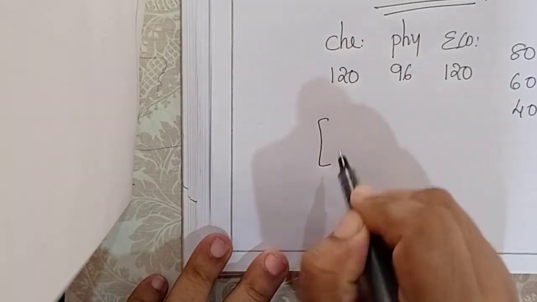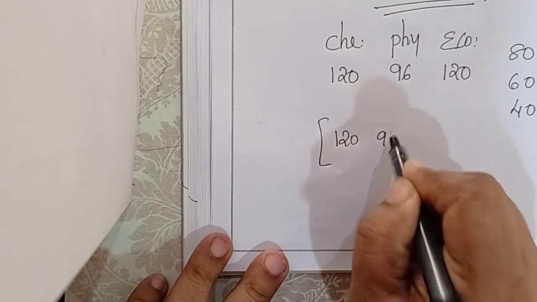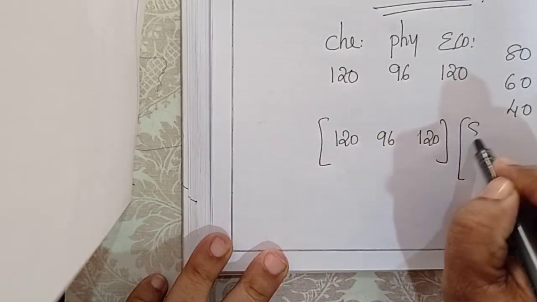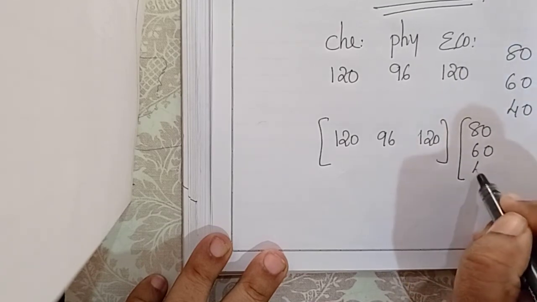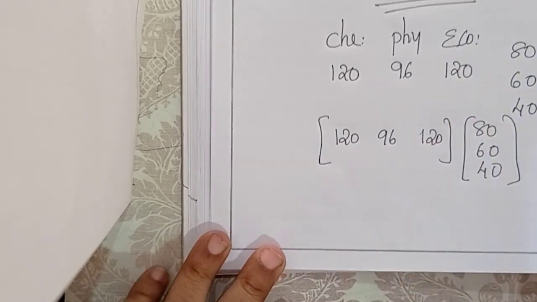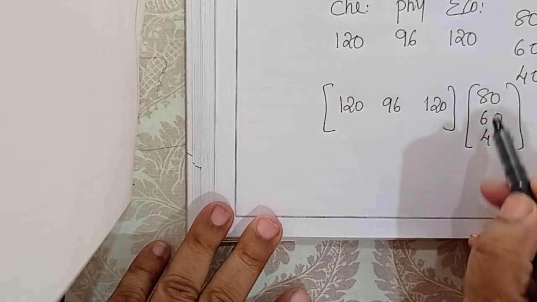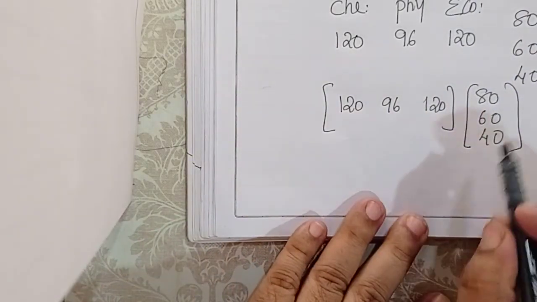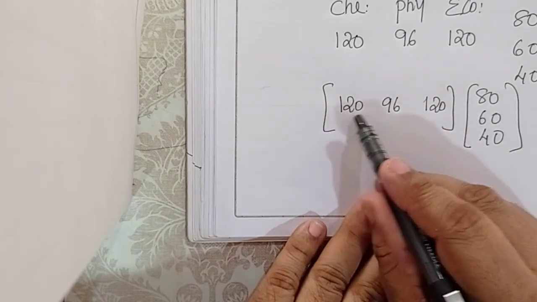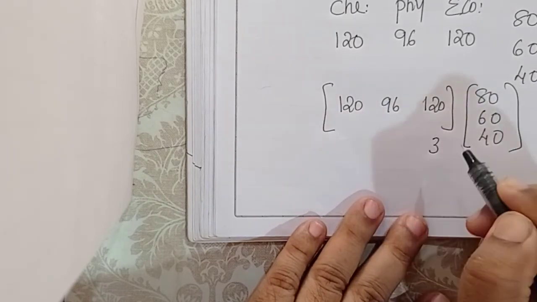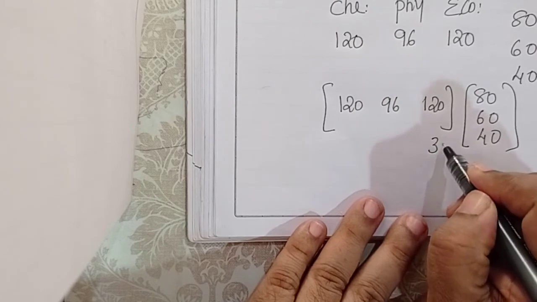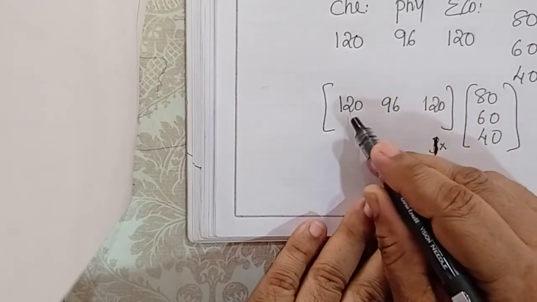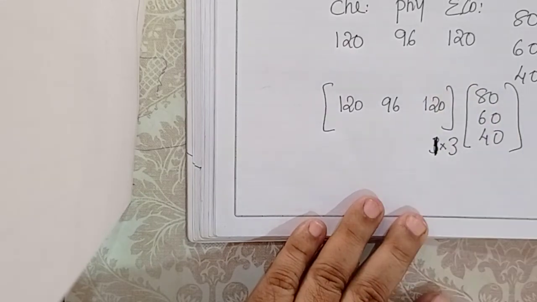Now you can put this in which form? Matrix form: 120, 96 and again 120 into 80, 60, 40. First row into first column. Actually, how can you verify that? Can you multiply this? Can you say what is the order here? 1 row and 3 columns.